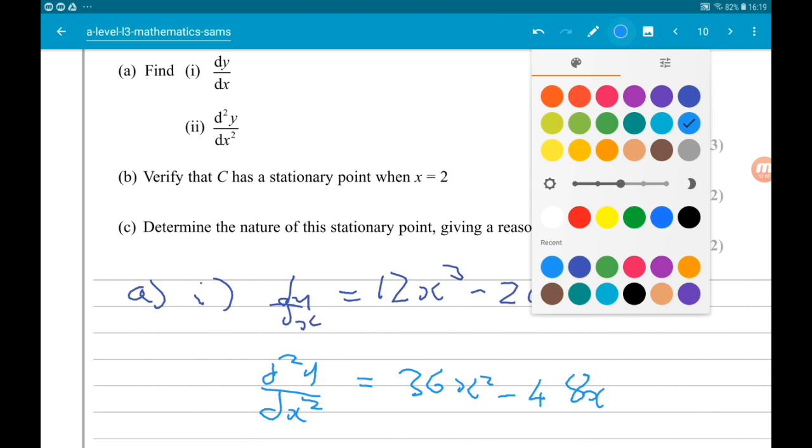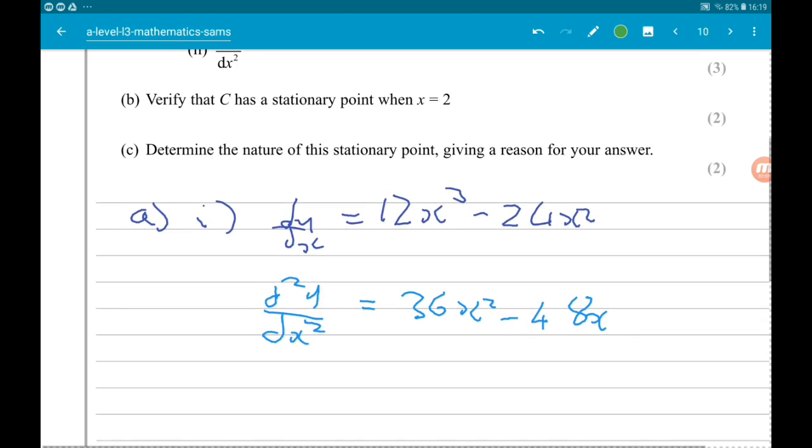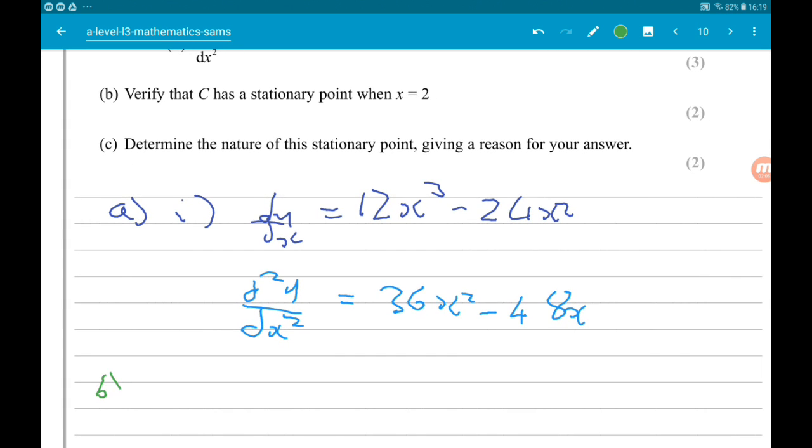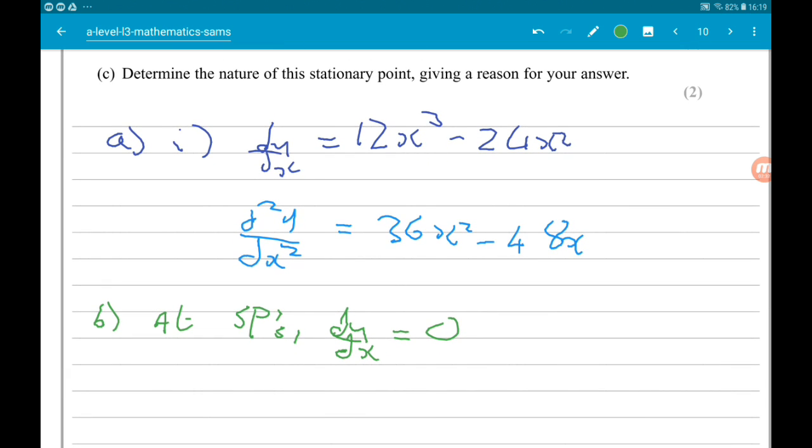So at stationary points, dy by dx is equal to 0. So let's see what we get when we substitute x equals 2 into dy by dx.